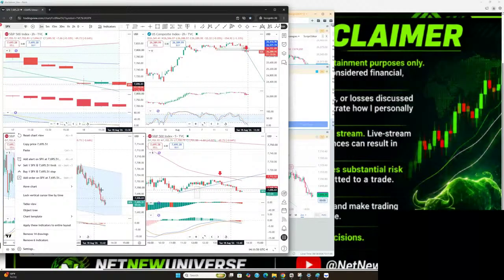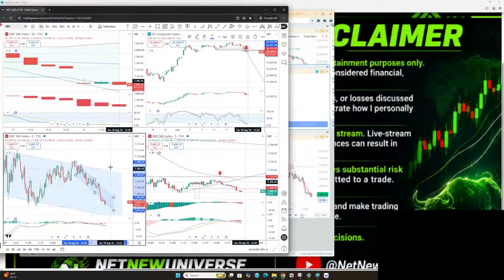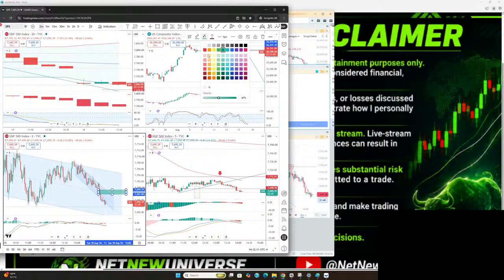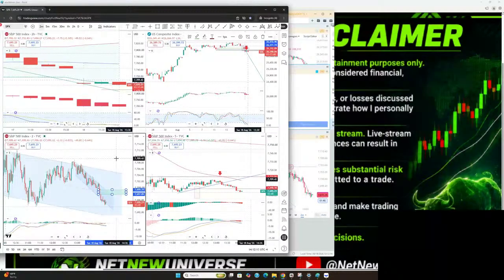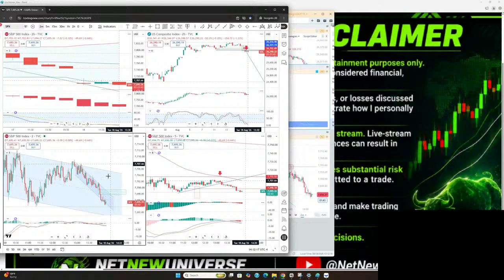Okay, whenever the drops start like this after the channel has formed, you will find a gap, which is this one. Normally they will retrace back to that gap, and if they do, then reverse again. So there's a chance this can go back and touch that one.